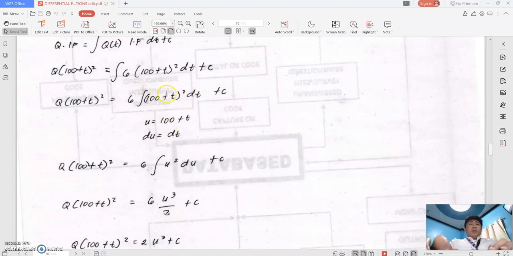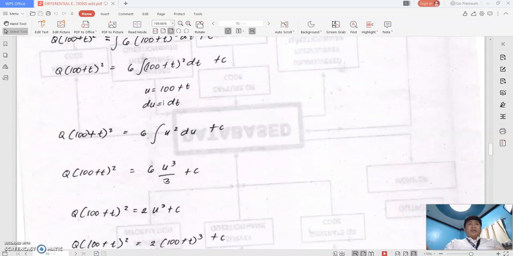So before we integrate this one using the power rule, since you have values inside that squared, you need to derive that first. So you have u, that is 100 plus t, and derive that one, that's dt. So since there's no multiplier here, you could go directly to integrating it.